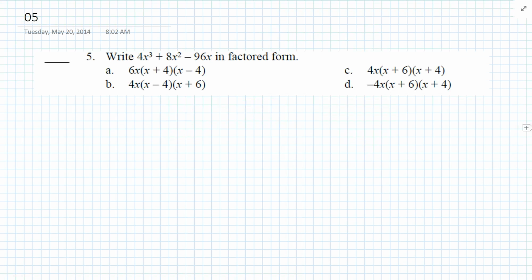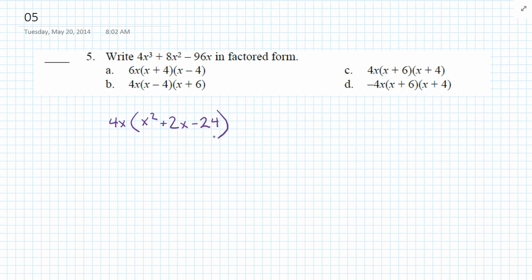Write 4x cubed plus 8x squared minus 96x in factored form. Okay, let's look for a GCF. What's the greatest common factor amongst all the terms? It looks like I can factor out a 4x. If I do, what am I left with? X squared plus 2x minus 24.